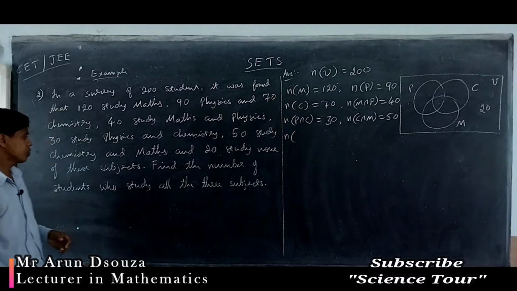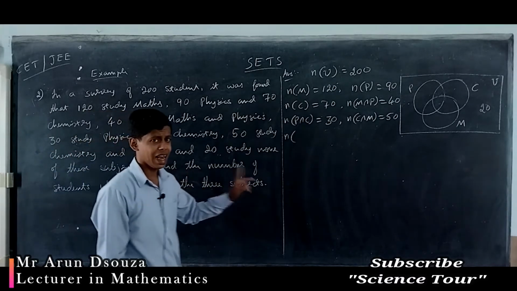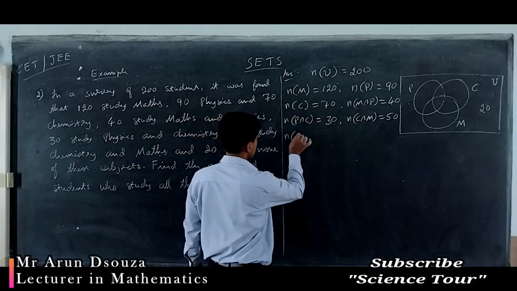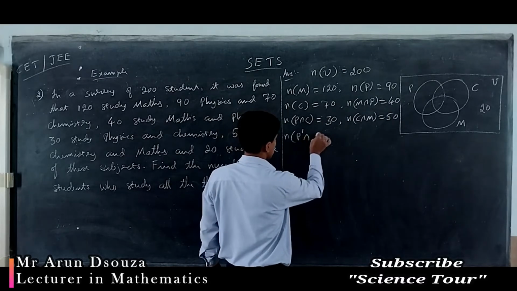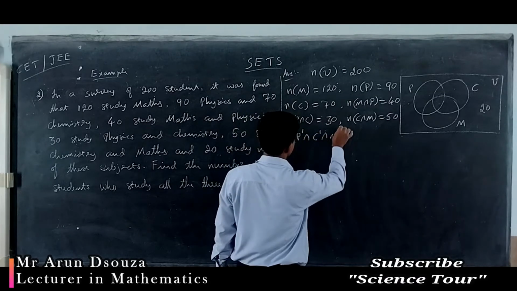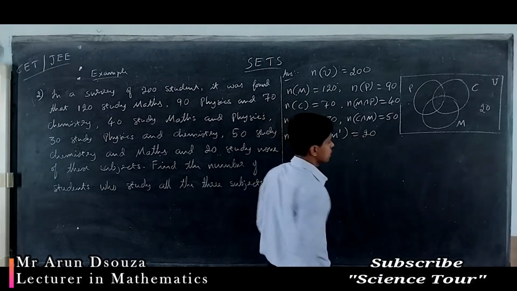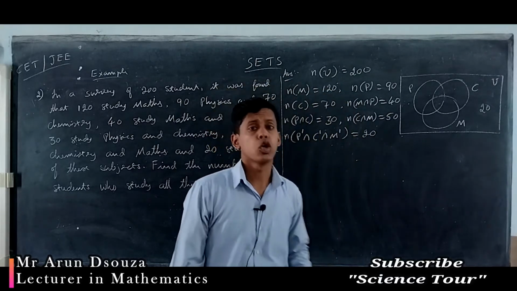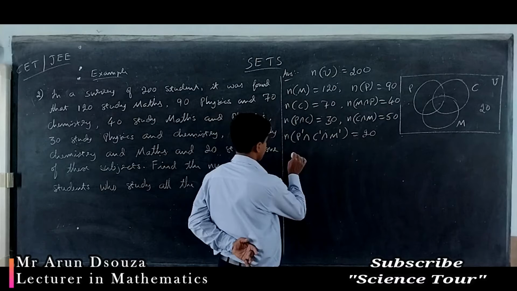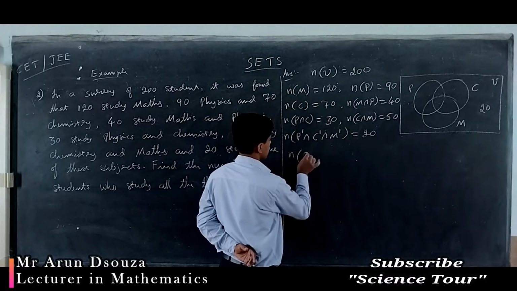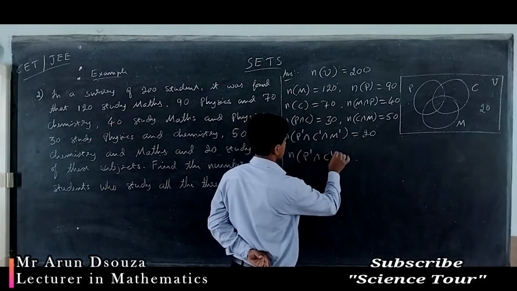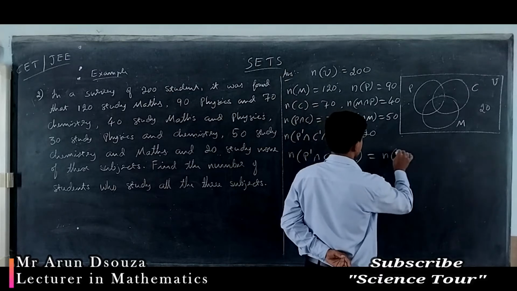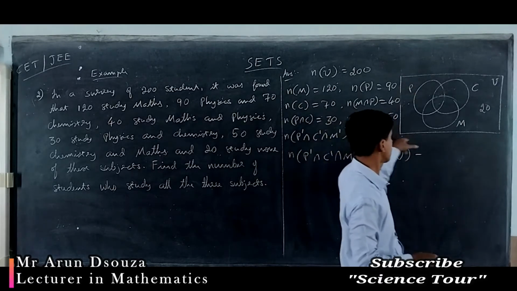And what about this 20? None of these three subjects. How do you write that? It is not P and not C and not M, so it is P dash, C dash and M dash. That is 20. They are outside these three circles. They don't study physics, don't study chemistry, and they do not study maths. Now what does this actually represent? This represents n of universal, which is 200 students.